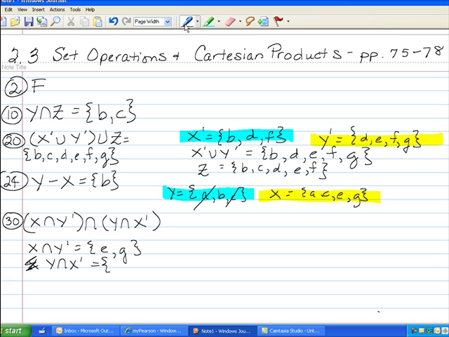They have B, and that's it. And now if we intersect both of these, what do those have in common? Well, comparing these two right here, they have nothing in common, so our answer is the empty set.